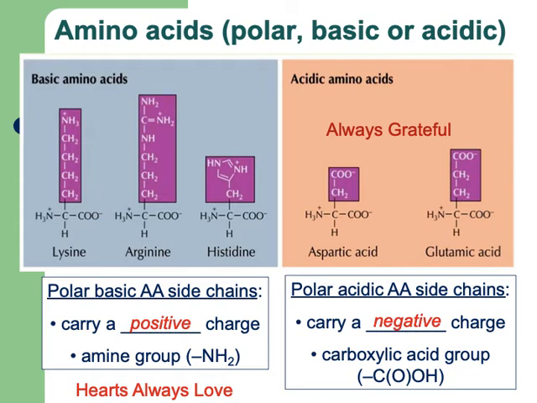So these are polar basic amino acids. So they carry in the side chain a positive charge. And this is mostly due to the fact that they have the amine group. So we see NH3, we see NH2, we see NH. These all carry a net positive charge. So these are considered basic polar amino acid side chains.